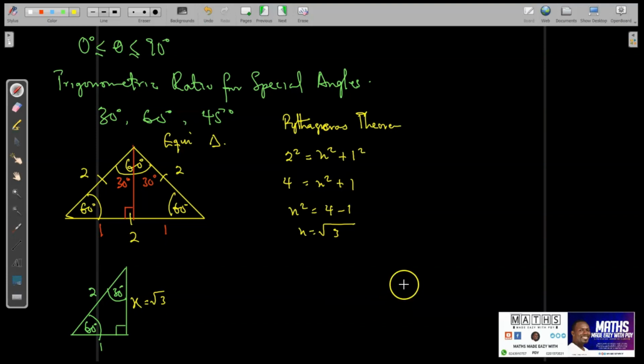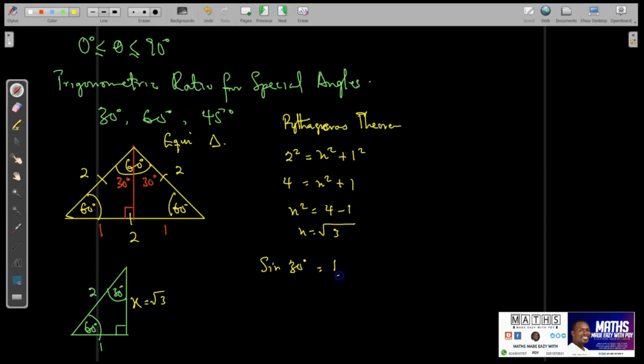So now, watch and follow carefully. If I want to find the sine of 30 degrees, depending on the information there, sine goes with opposite and hypotenuse, right? What is the opposite value of 30 degrees from the diagram? 1.